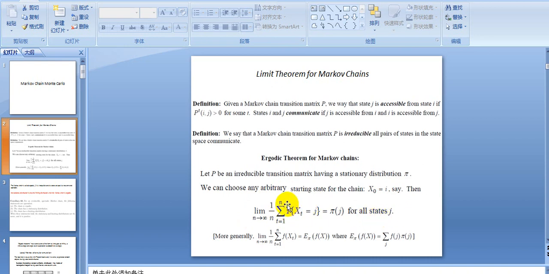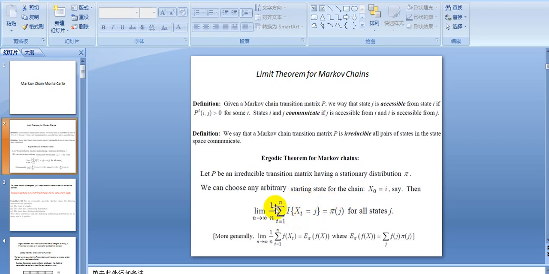This just means that we have an indicator. The indicator function I is the function that if xt equals j, then this whole thing equals 1. Right? That's an indicator. If xt is not equal to j, then this thing equals 0. So this basically means that if you run this Markov chain n times long, we're going to count how many times xt equals j.